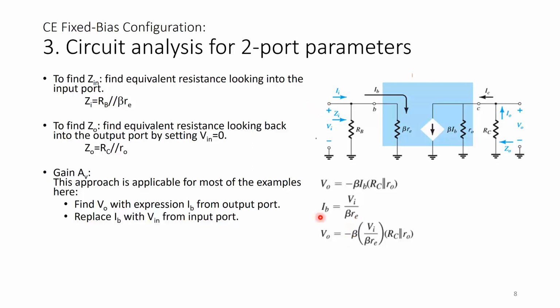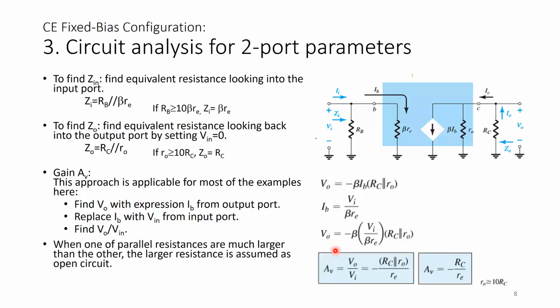Now what I want to do is replace the IB that I got from the output section Ohm's law to become an expression that has V out and V in, because gain is V out over V in. So from this expression I can write AV is equals to V out over V in, and I can cancel off beta and I get RC parallel with R out divided by RE.